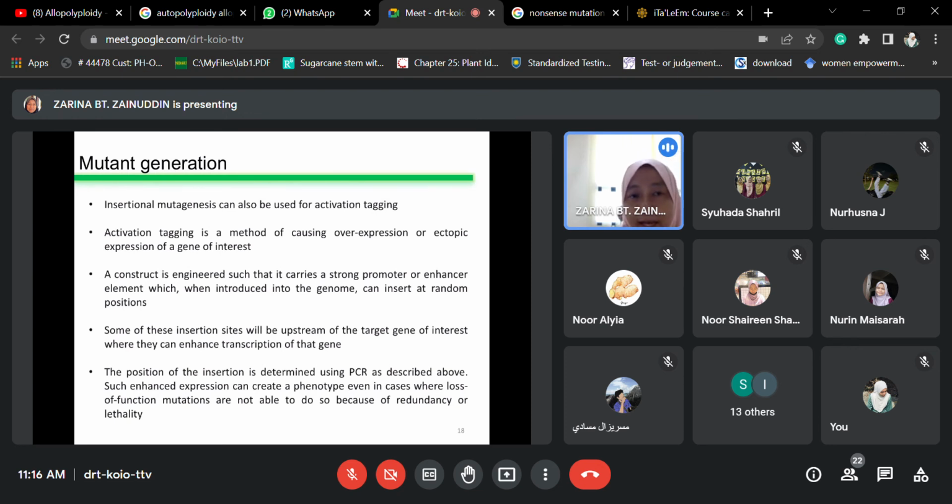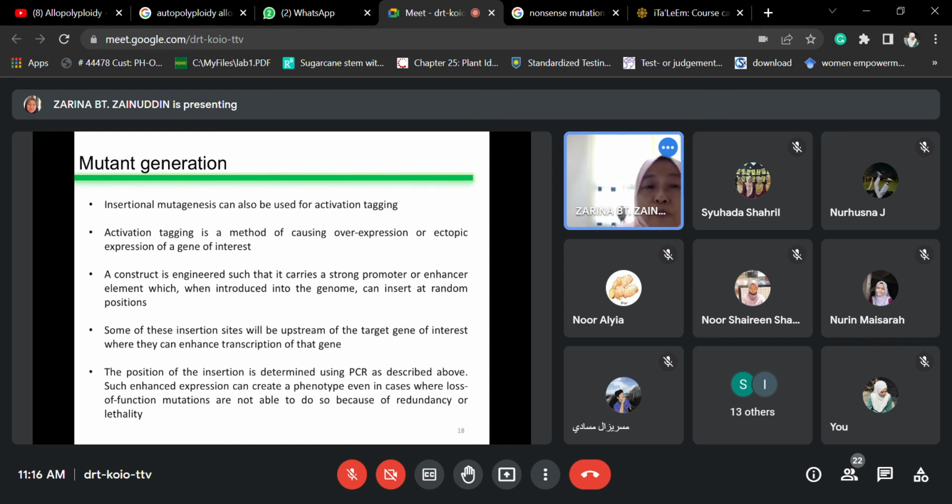In activation tagging, I will give an example in Arabidopsis later, you have a construct. Imagine like the plasmid the other day, we have a construct. Okay, this construct has a strong promoter or enhancer element. So when introduced into the genome, this can be inserted into the genome of that plant that we want to mutate at random position.